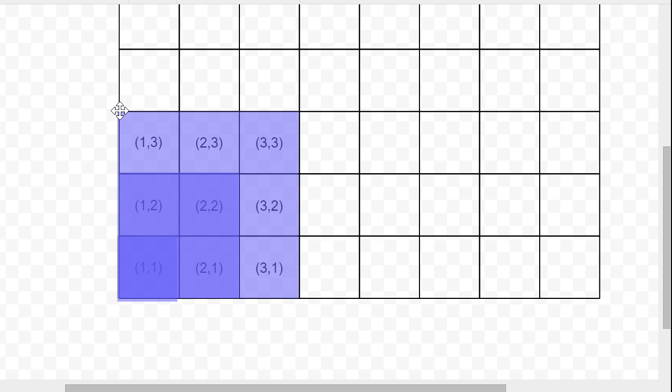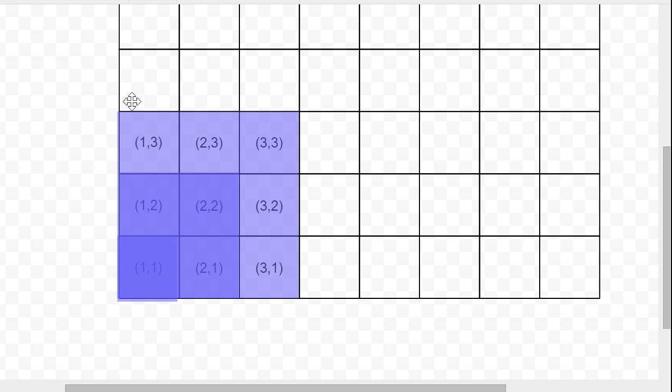So you do the 3 by 3 square minus the 2 by 2 square to get the number of possibilities to roll that will give you 3. And the same concept works for rolling a 2, because you take the 2 by 2 square and you subtract 1, giving you 3.